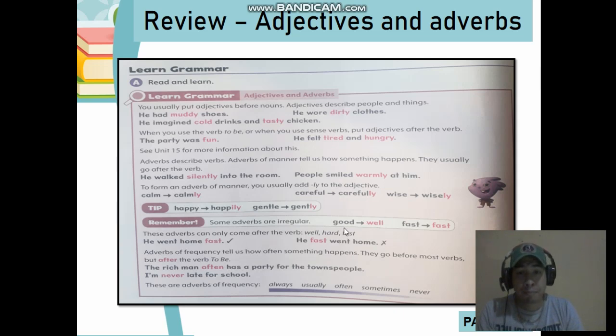For example, the word good will change to well, and the word fast will stay fast. So this is a big difference. The word good cannot be goodly. It doesn't change to goodly. We need to say well. And fast, of course, is very normal. So that is a big difference.